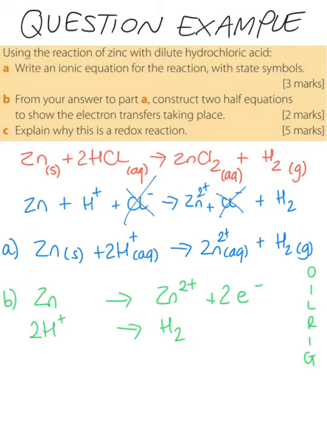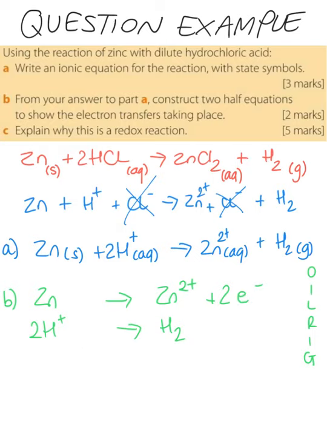Okay, so what has happened to each H+ ion to become H2? Well, if it's a positive ion and it's turning back into its neutral atom or diatom, it has had to gain electrons. Now, if you weren't sure whether it was oxidation or reduction, because this one is oxidation, the other half equation has to be reduction.